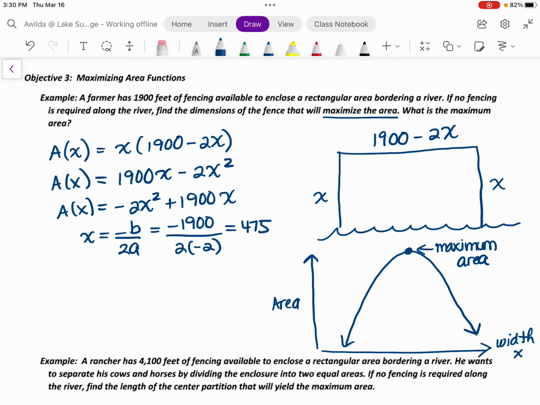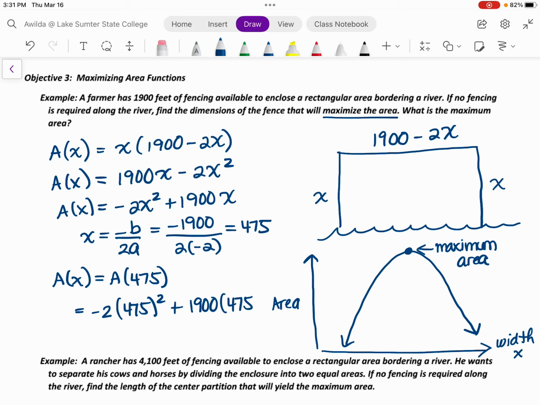But what is that maximum area? So that's going to be A of x, or in this case, A at 475 for x. So that's going to be negative 2 times 475 squared plus 1900 times 475. I'm going to use my calculator for this to find that maximum area.